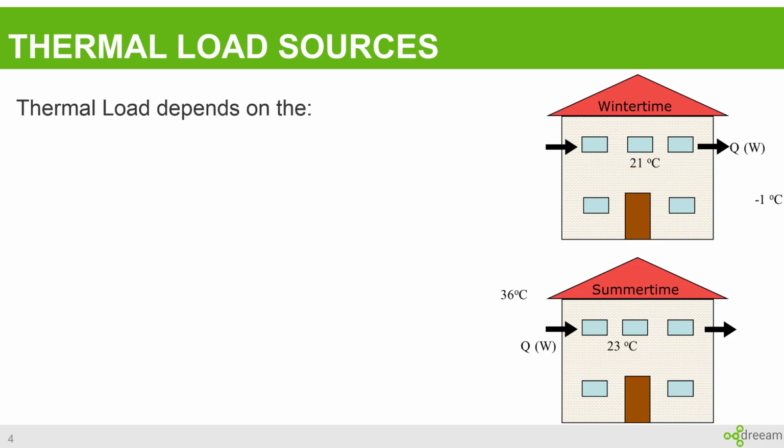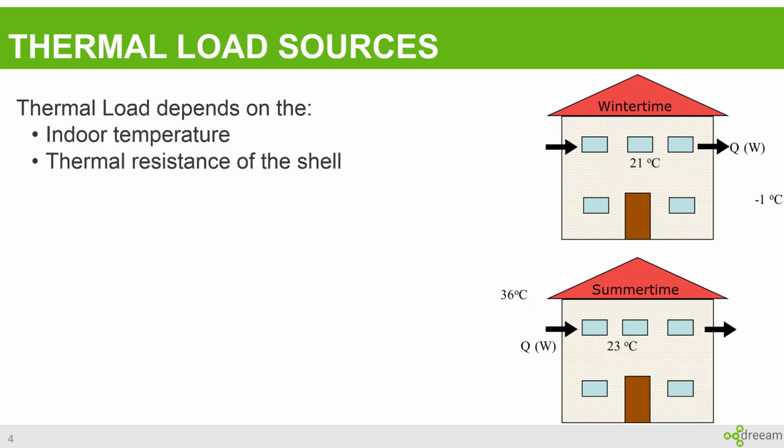The thermal load of the building depends on the indoor temperature and thermal resistance of the building shell, solar radiation, which means the direction of the building and how much it is exposed to the solar radiation, and ventilation, meaning the use of the building and how much fresh air must be added every hour.